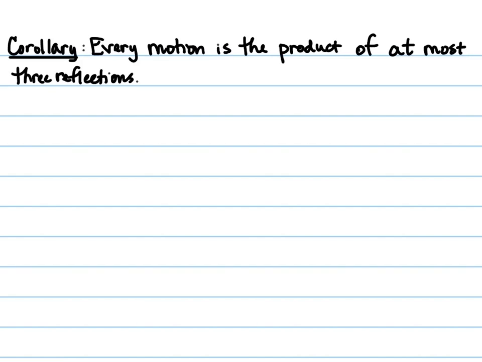Notice what it's not saying. It's not saying that you might not have used 4 or 5 or 6 reflections to do it, but it is saying that if you did it that way, there was an easier way that it could have been done with 3 or fewer. Does that make sense? We all do things the long way sometimes, and you think to yourself, I could have done that faster if I had only done this. So this is what this is saying. We can do it with at most 3 reflections, we don't need more than that.